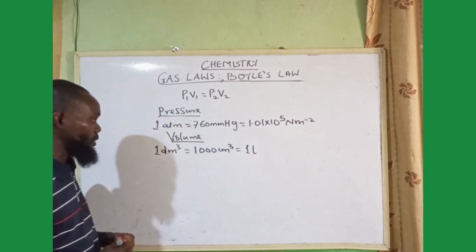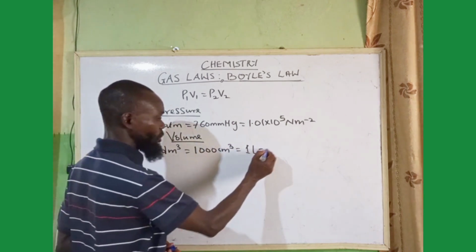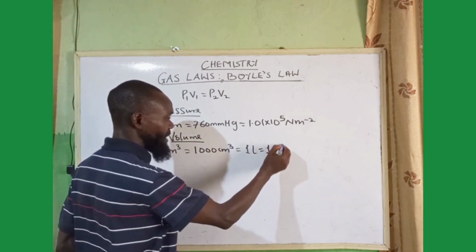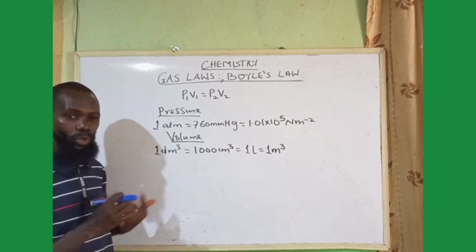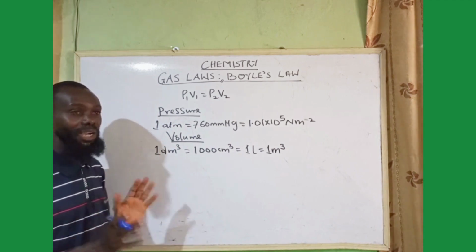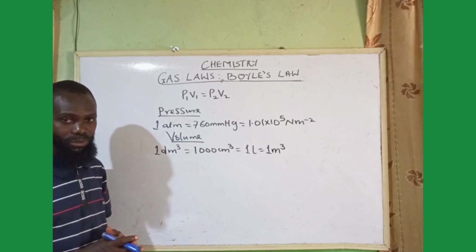So 1 decimeter cube equals 1000 centimeter cube equals 1 liter. In turn, it also equals 1 meter cube. So these are the units of volume and pressure, which can now be used in calculation during our numerical values.